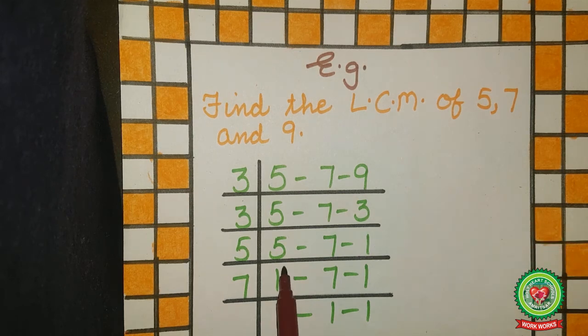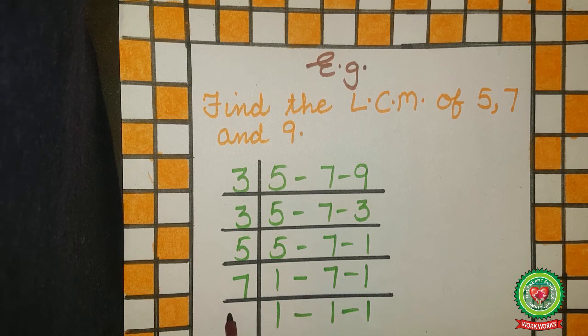Now 5 is a prime number. So divide 5 by 5. After dividing 5 by 5 we get 1. So below 5 write down 1. 7 is not divisible by 5. So bring it down as it is. Below 1, 1 will come. Now 7 is a prime number.